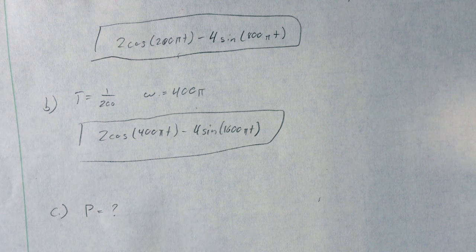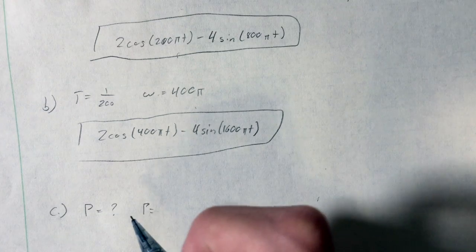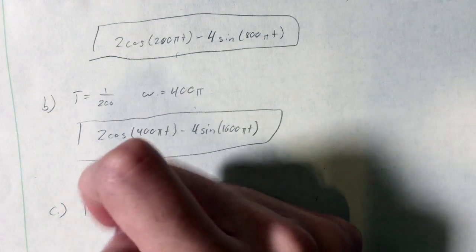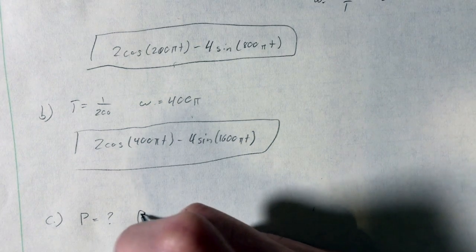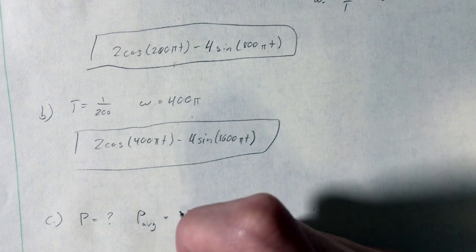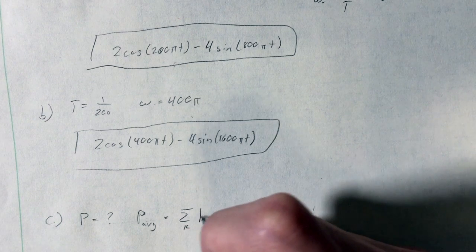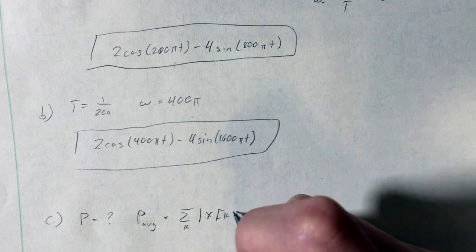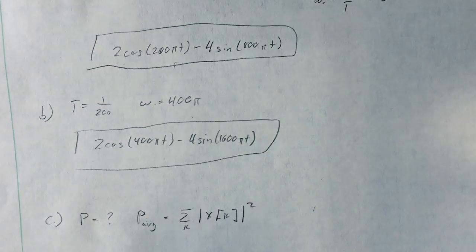Well, we refer to our packet, and we can find that okay, it doesn't have it, but that's okay, because if you remember, we can use Parseval's theorem, and we know that the average power for a periodic signal is just equal to the magnitude of Fourier series coefficients squared.